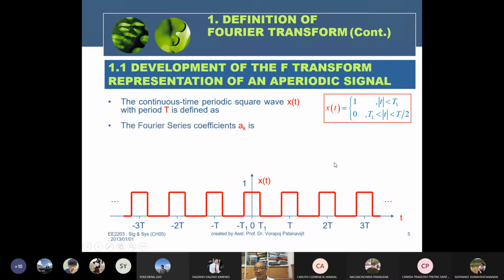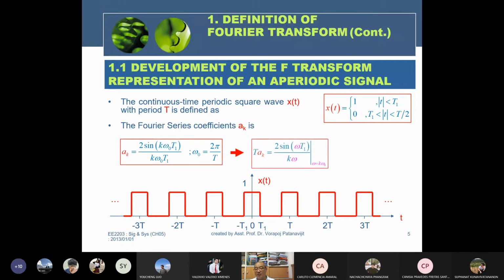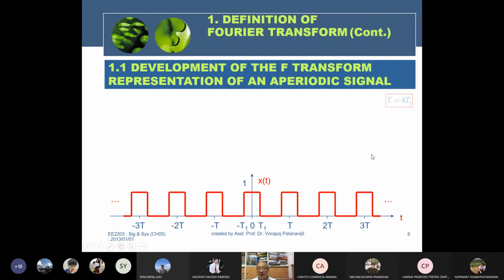Therefore, you can find the Fourier series a_k by using the previous definition of the Fourier series. a_k equals this, and we normalize by T, multiplying by T as the normalization.